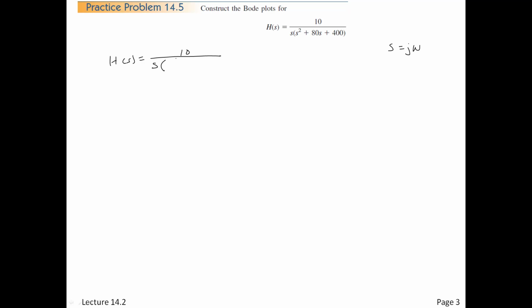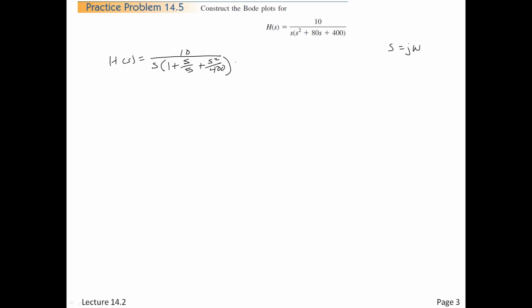Now, we're trying to isolate and get in the form of 1 plus. So we're going to be dividing by 400 out of the bottom. And that will give us 1 plus 80S over 400, so that's going to be S over 5, plus S squared over 400.